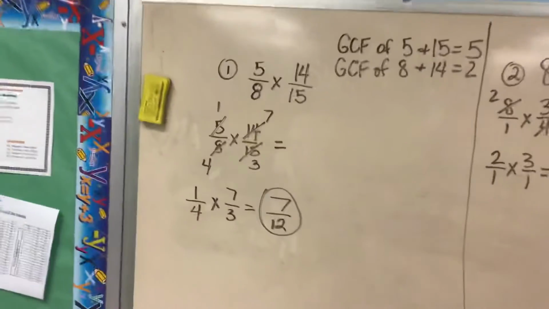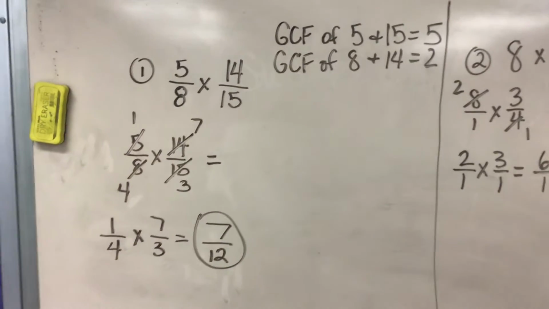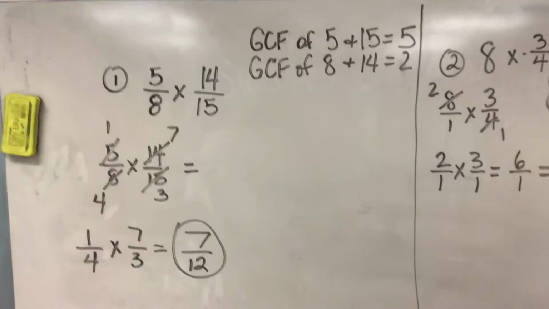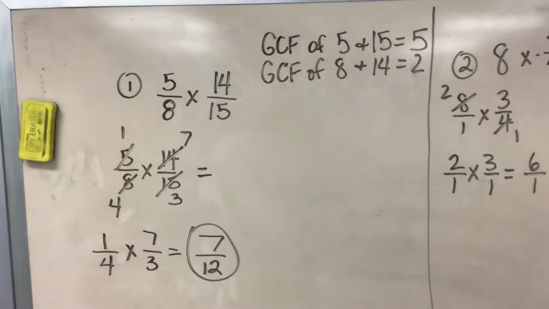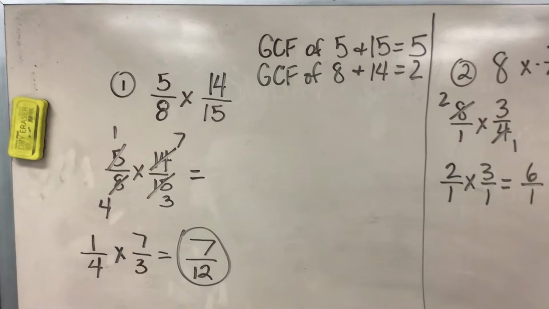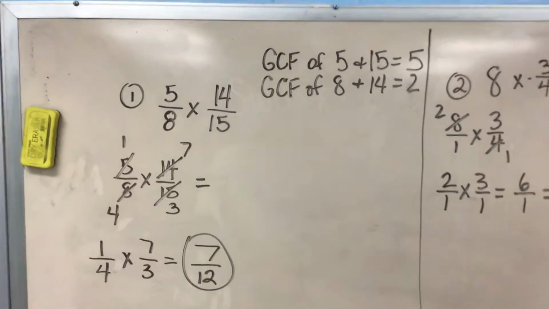So for example 1, we have 5/8 times 4/15. I'm looking at the two sets of diagonal numbers, 5 and 15. I know the greatest common factor for those two numbers is 5. For 8 and 4, which are the second set of diagonal numbers, I know the greatest common factor is 2.